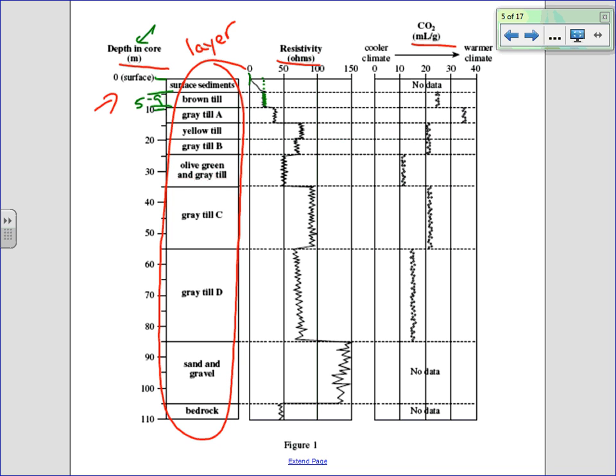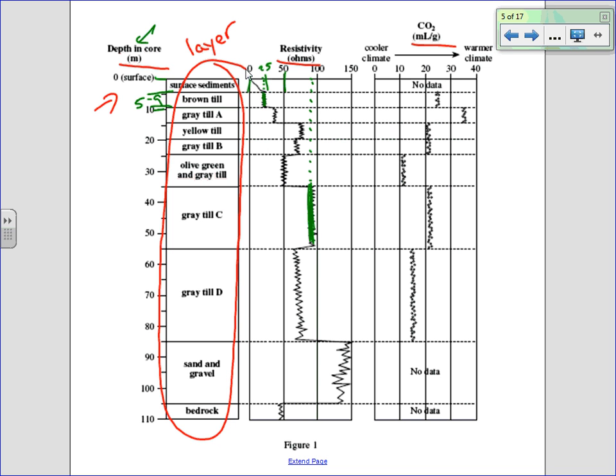So like here's 0 and here's 50. Halfway would be probably about right here, which would be 25. And it's a little less than 25. So somewhere around 20 is a good estimate. Whereas if we were looking at gray till C, it'd be right here. Trace it up to the top, 90-ish. And you could do that the whole way through.